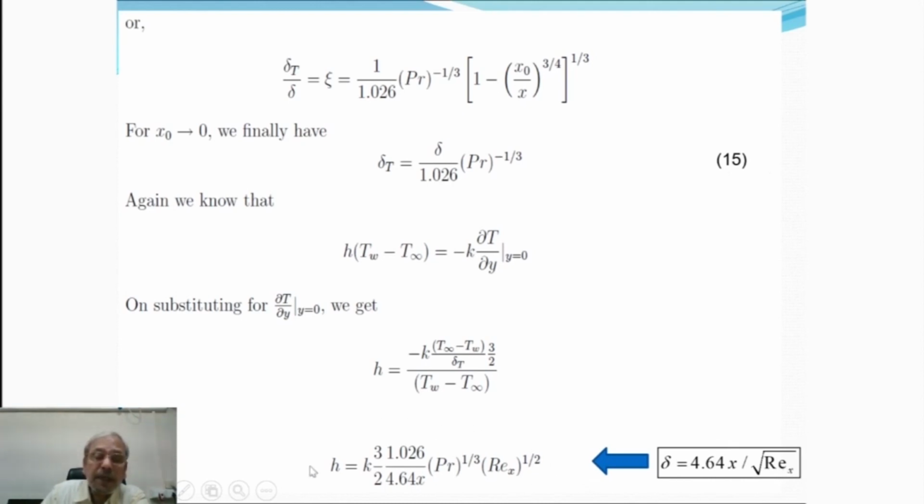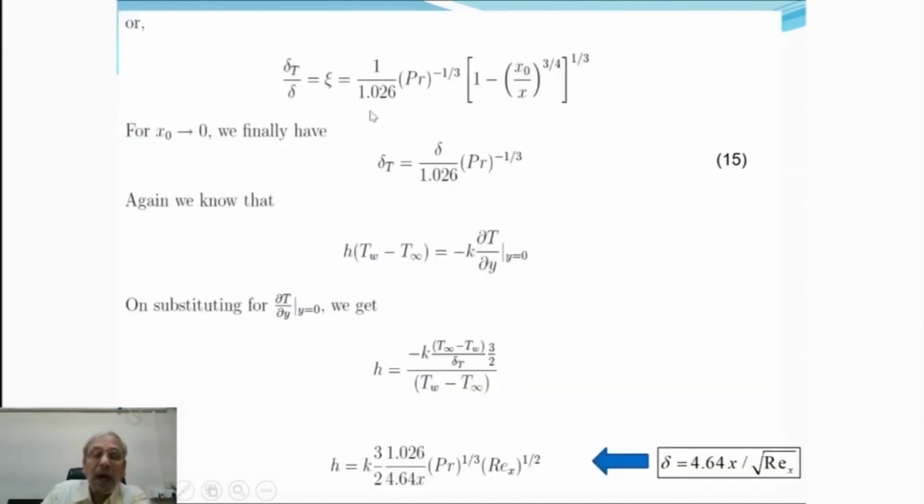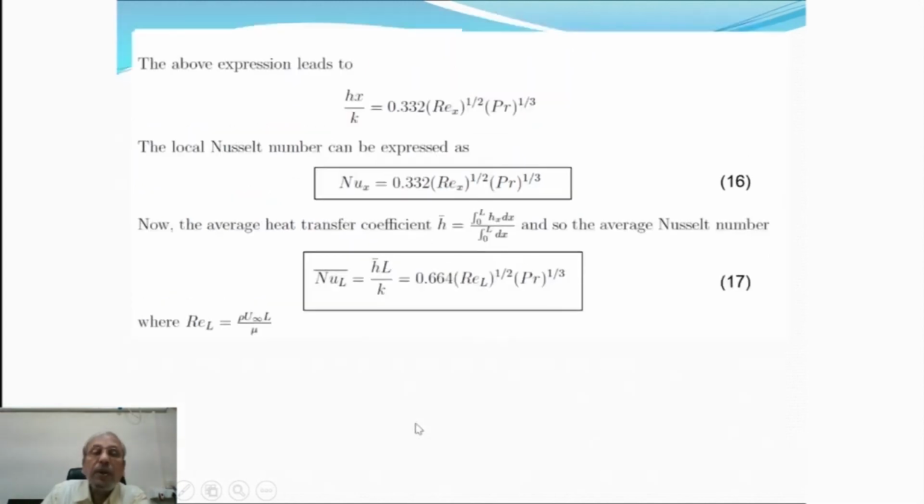So if we do this, we will get this expression, and from this expression, if we collect h, if we take x to the other side and k to the other side, we will get hx by k, which is nothing but the Nusselt number, and with little algebraic operation, we will get these terms as 0.332 Reynolds number to the power half, Prandtl number to the power 1/3.